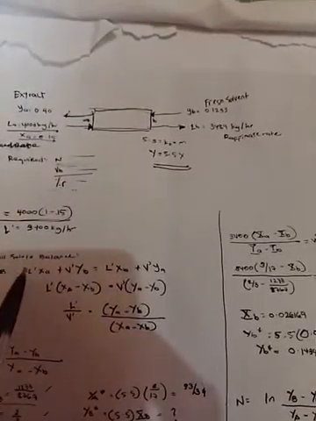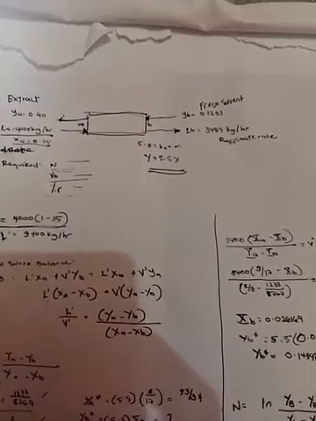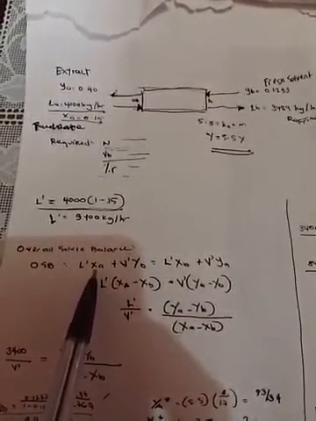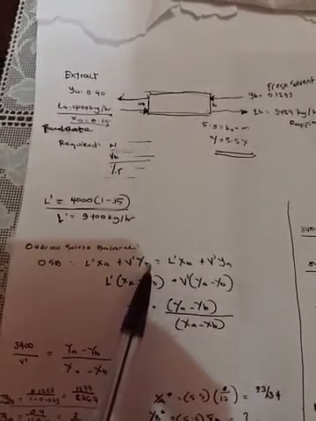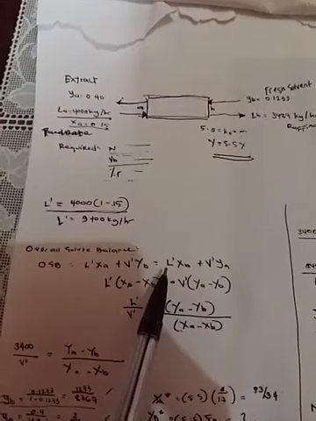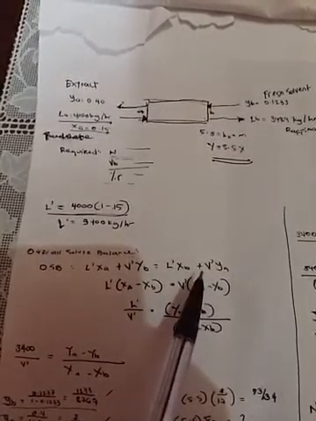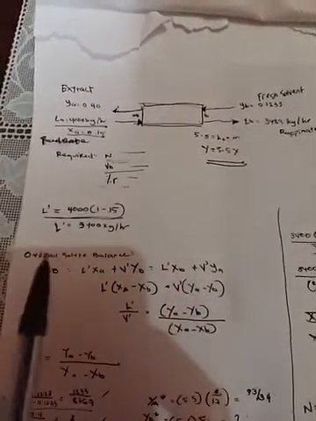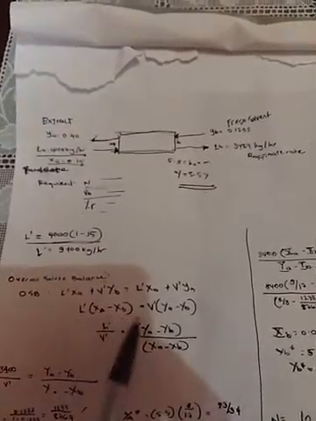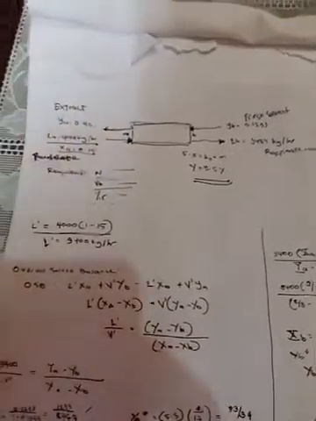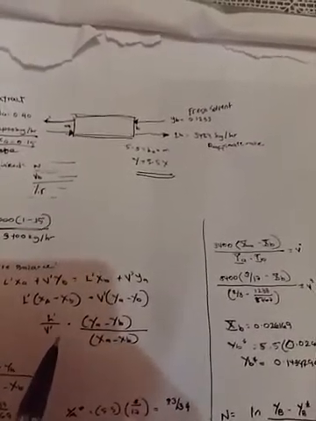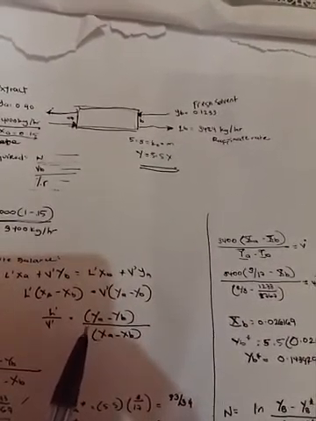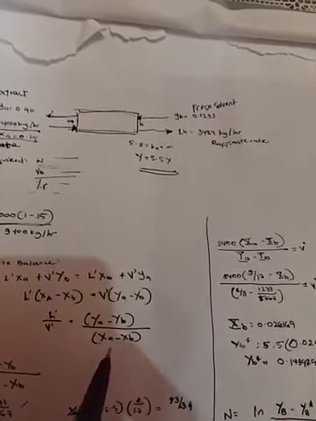So here we have to use the overall solute balance, which is L prime times capital XA plus V prime times capital YB equal to L prime times capital XB plus V prime times capital YA. By separating L prime over V prime, we get YA minus YB over XA minus XB.